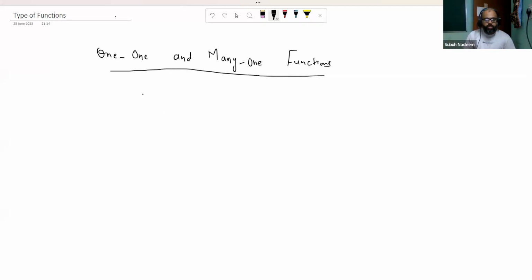So if we talk about one one function, what happens there is that for every image, there is a unique pre-image.